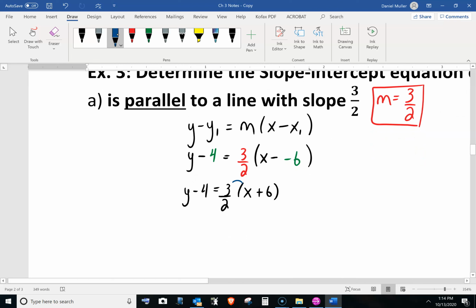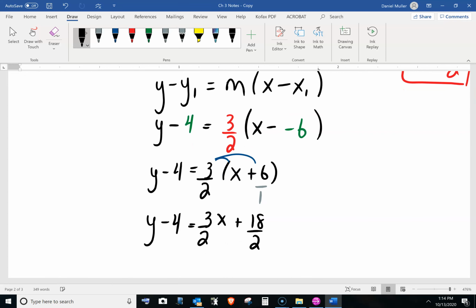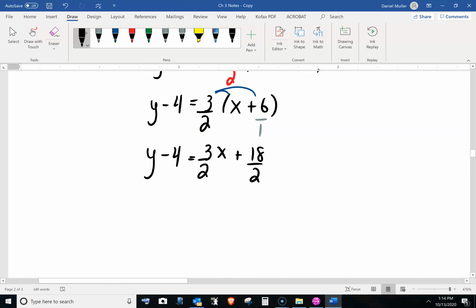So I can bring this 3 over 2 in. So y minus 4 equals 3 over 2 times x is going to be a 3 over 2 x. And 3 over 2 times 6, well, remember this is going to be over 1. So 3 times 6 is going to be 18. 2 times 1 is going to be 2. And this thing will be a 9.